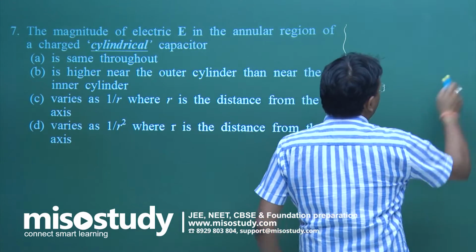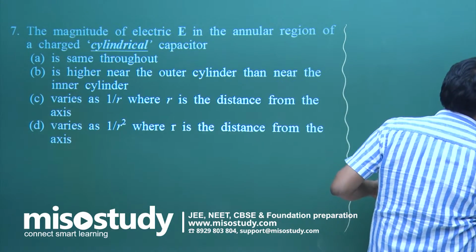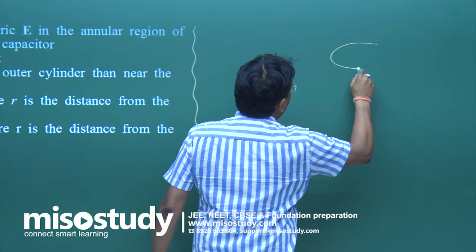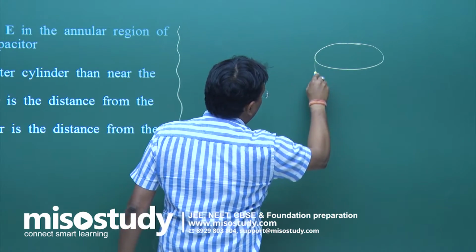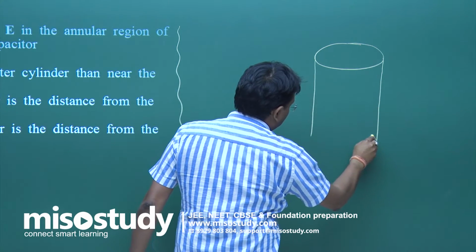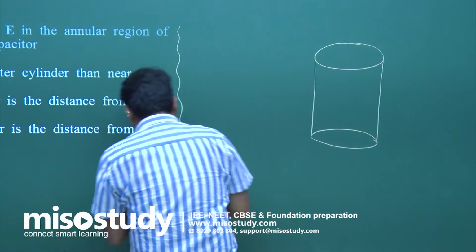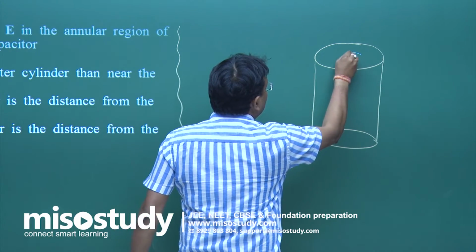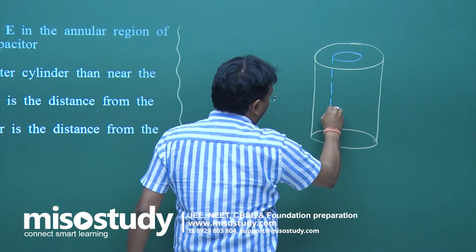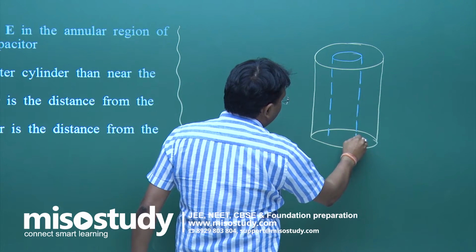It is like that, it is the outer cylinder, and in this outer cylinder, this blue color is the inner cylinder, dotted because it is from inside.